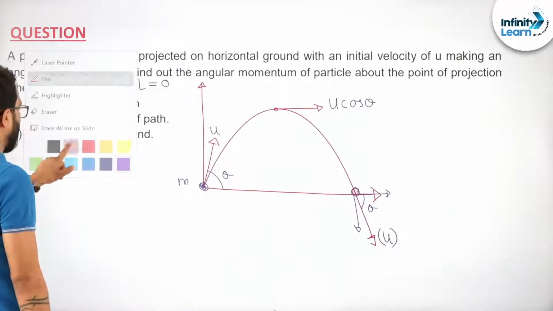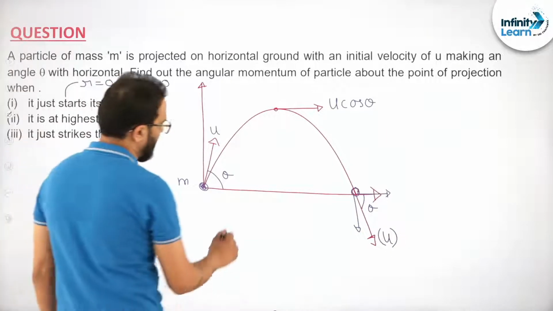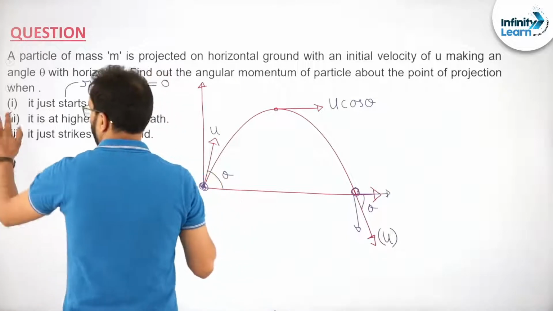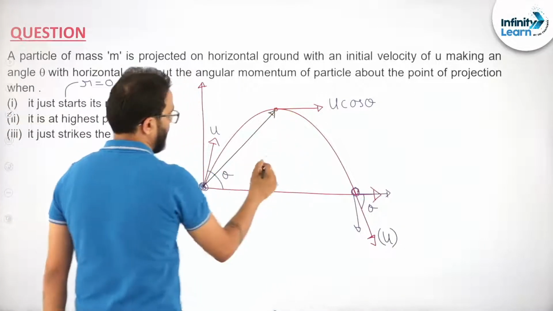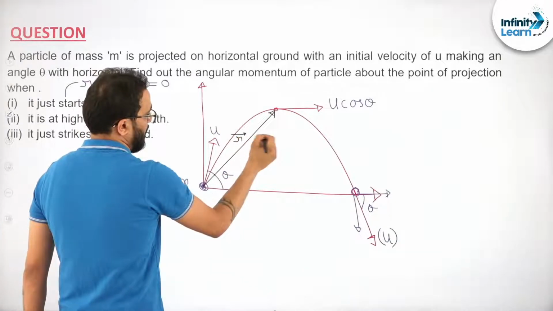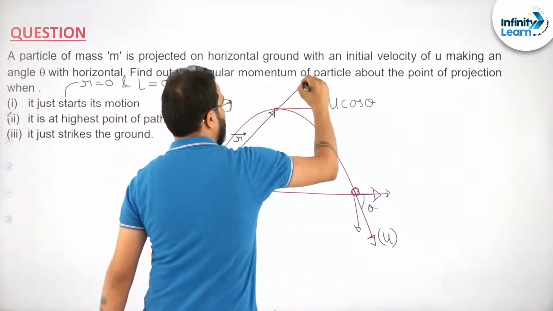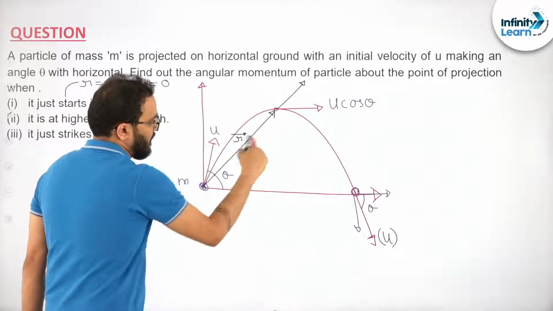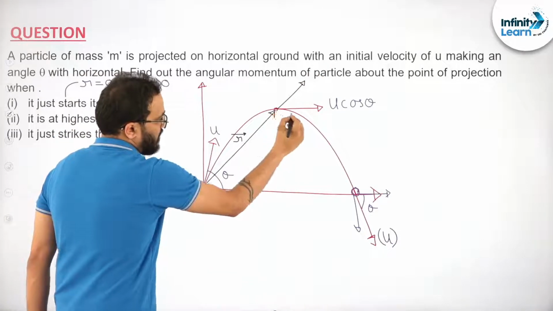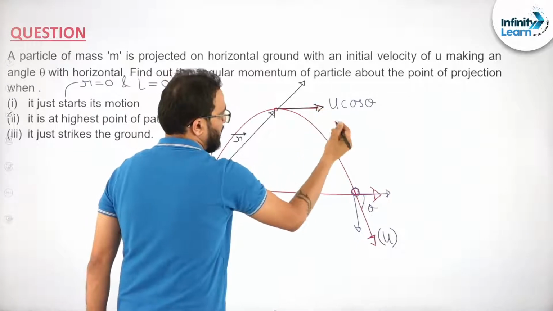Now let's come to the second case. The second case is when it is at the highest point. When it is at the highest point, this is your vector r. Can you see that? Again there is a very beautiful method. We can break vector r into two components. This is your velocity vector.